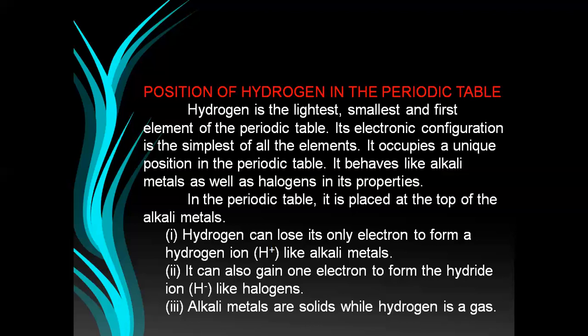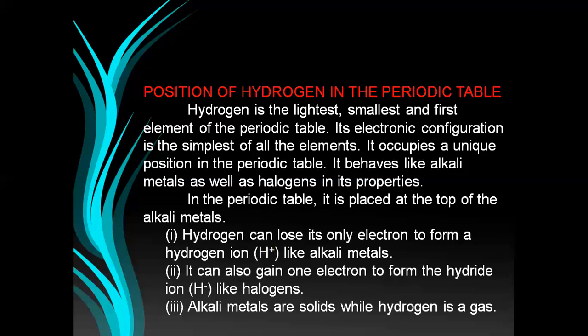If the hydrogen element loses 1 electron to form the hydrogen ion, it is like alkali metals. But if the hydrogen element gains 1 electron to form the hydride ion, it is like halogens.